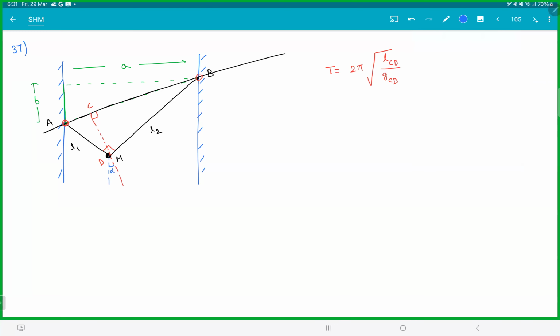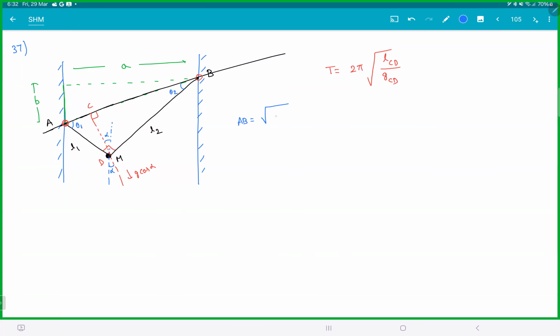So if I take this angle as alpha, this angle is alpha. So this component is g cos alpha. This angle is theta 1, which I can find, this angle is theta 2, that also I can find.